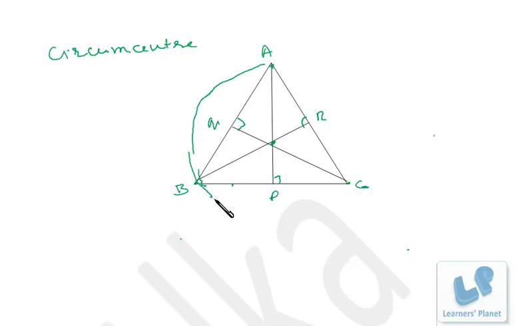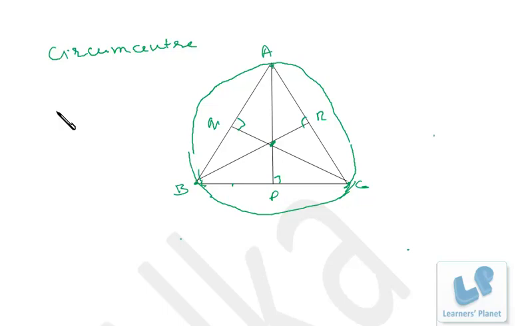That means a circle can be circumscribed. I'm not able to draw a neat diagram. This circle is known as the circumcircle because it circumscribes this triangle, and these three lengths are the radii of this circle. I hope you are getting me.